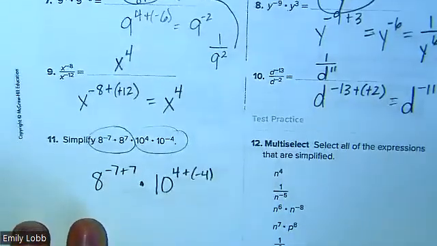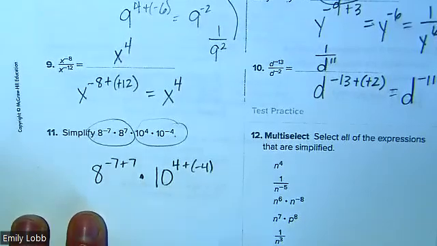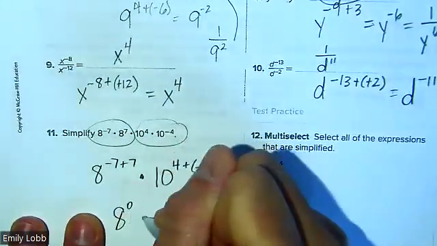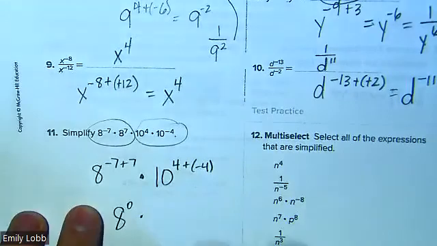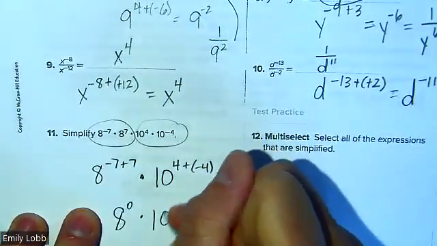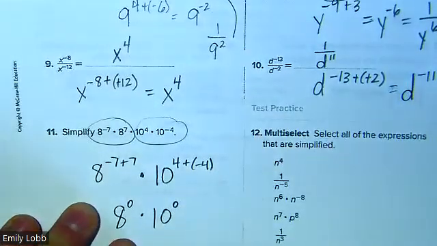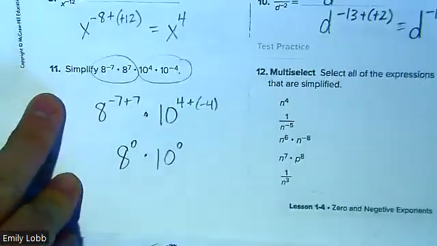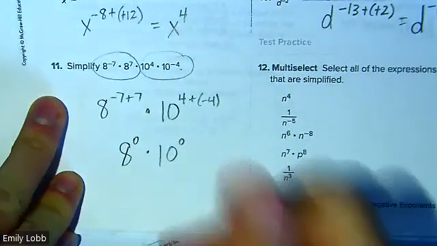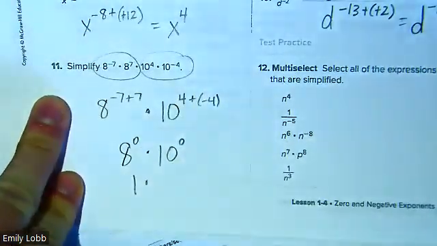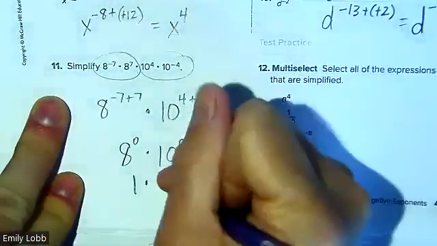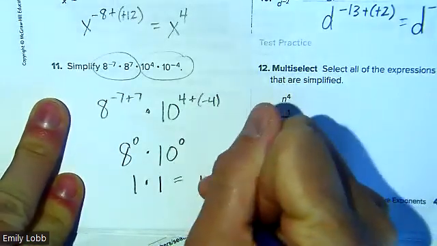What's -7 plus 7? 0. What is 4 plus -4? 0. Good. Anything to the power of 0 is equivalent to 1. 1 times 1 is 1.